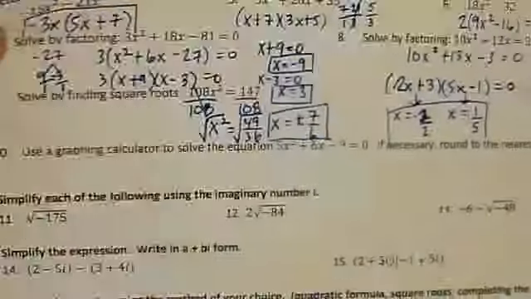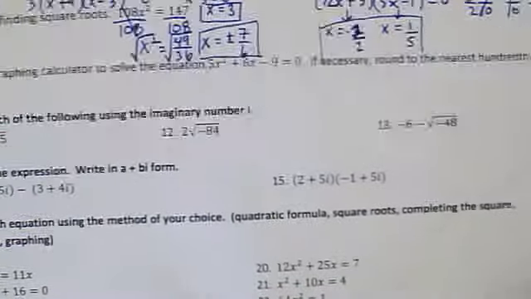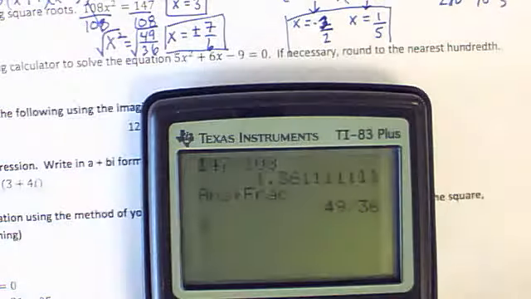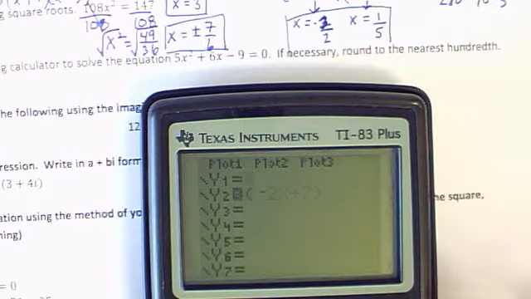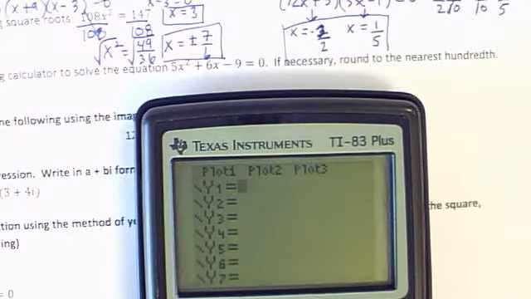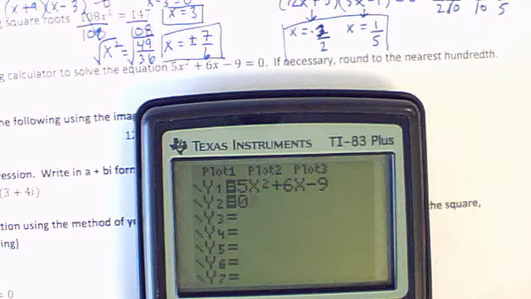Alright. Number 10, use a graphing calculator to solve this equation. So here, I'm going to plug in the equation of y1. So 5x squared plus 6x minus 9, and I'm going to plug in 0 for y2.